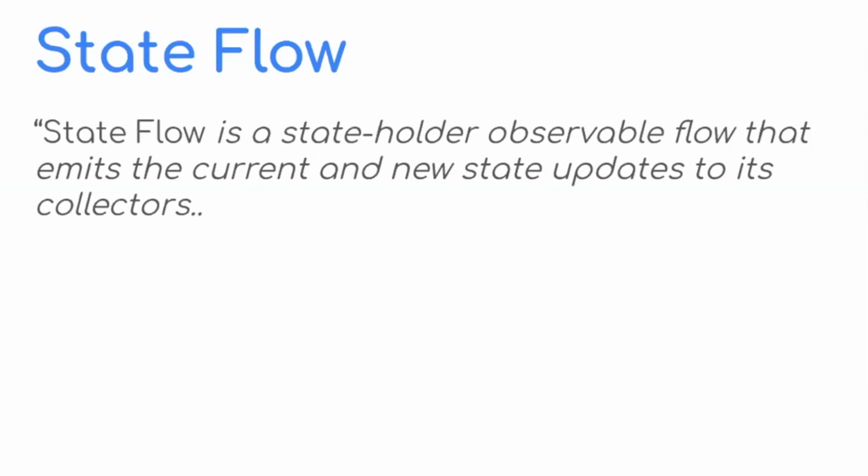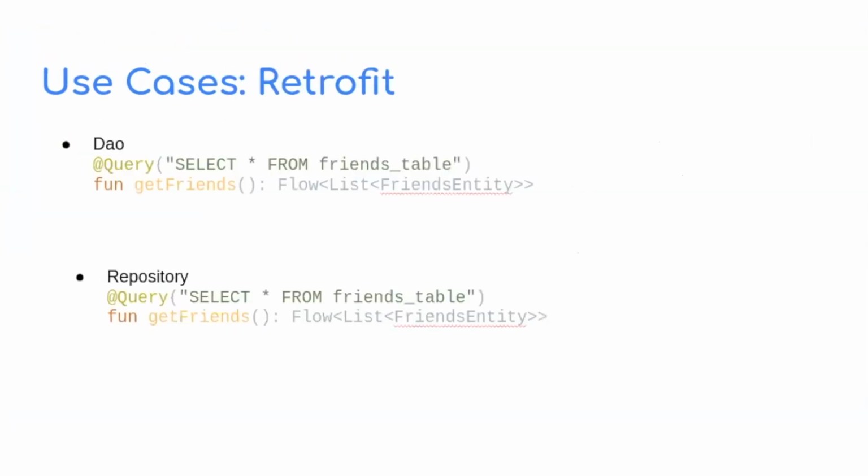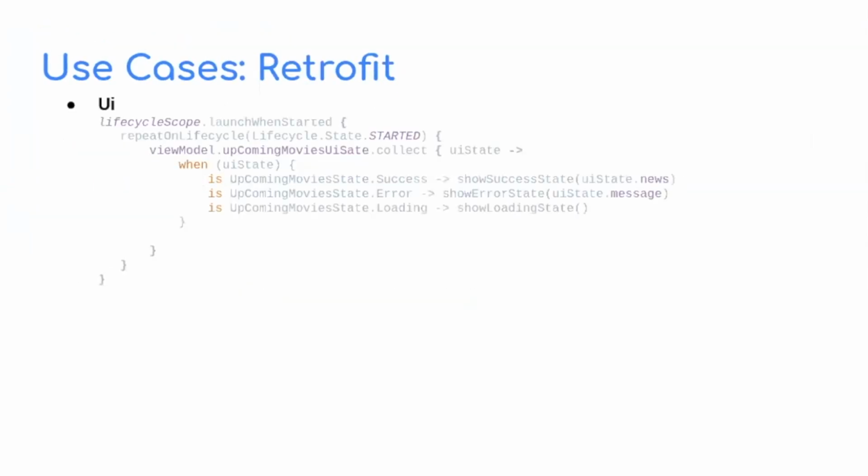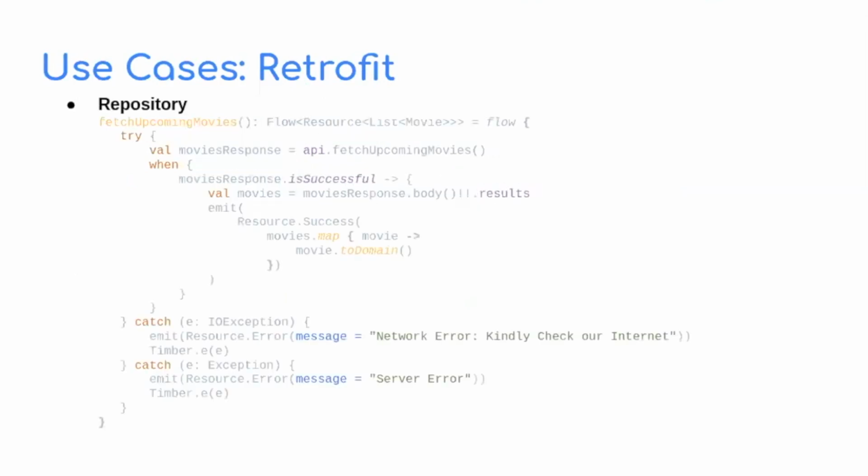Let's say we are fetching data from our remote source, and we want it to be triggered only once. Let me refactor there. Hot stream sends data even if we don't have consumers.